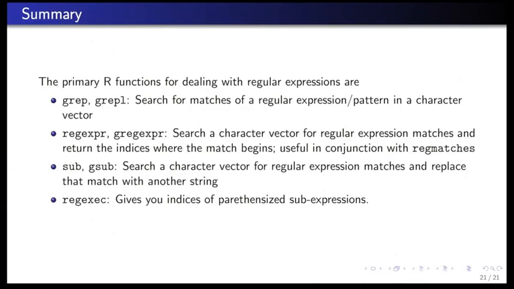The sub function will match a pattern and then replace it with something that you specify. And then the regexec function will give you the indices for these so-called parenthesized sub-expressions, which can be very useful for matching specific things. And then the gsub and the gregexpr functions will find all the matches in a string as opposed to the first match, which is what the other functions do.